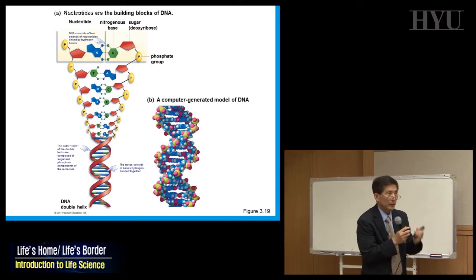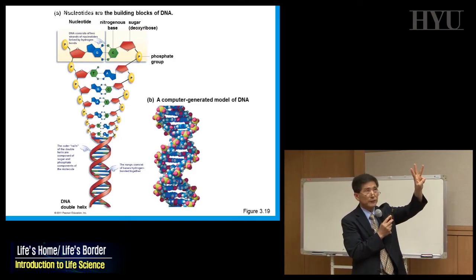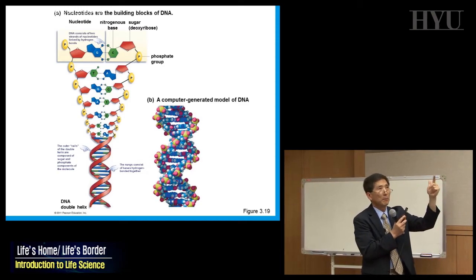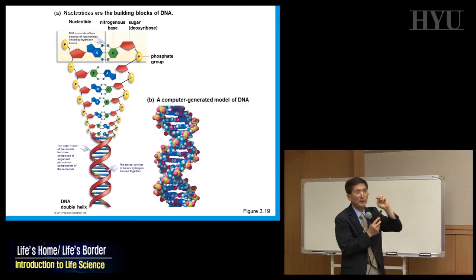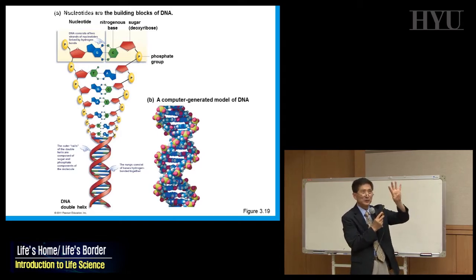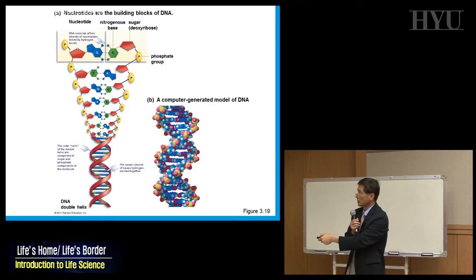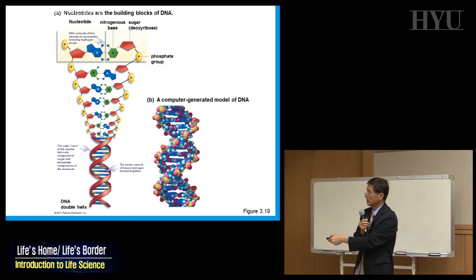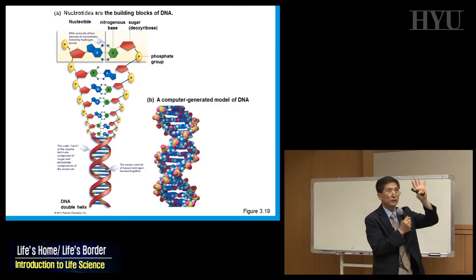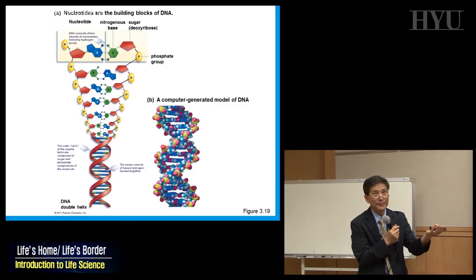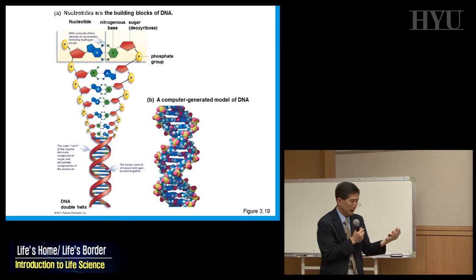What are three components of nucleotides? Sugar, phosphate, base. Now, one more step. Base has 4 different kinds. We can stand for G, A, T, C. Those are 4 different base found in DNA.